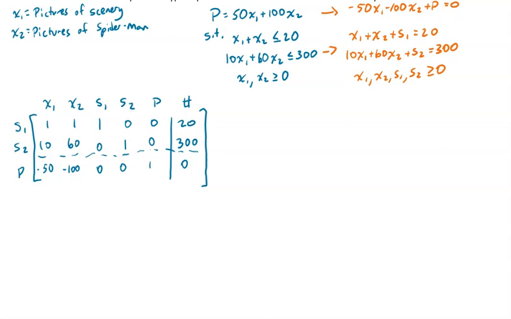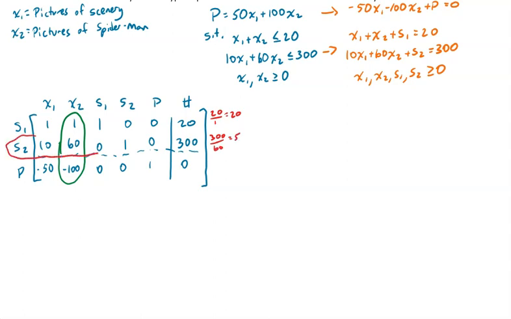Okay, so first things first, we have to find our pivot. Negative 100 is the column with the biggest negative on the bottom. To find the row, we divide 20 by 1 and get 20. 300 divided by 60 is 5.